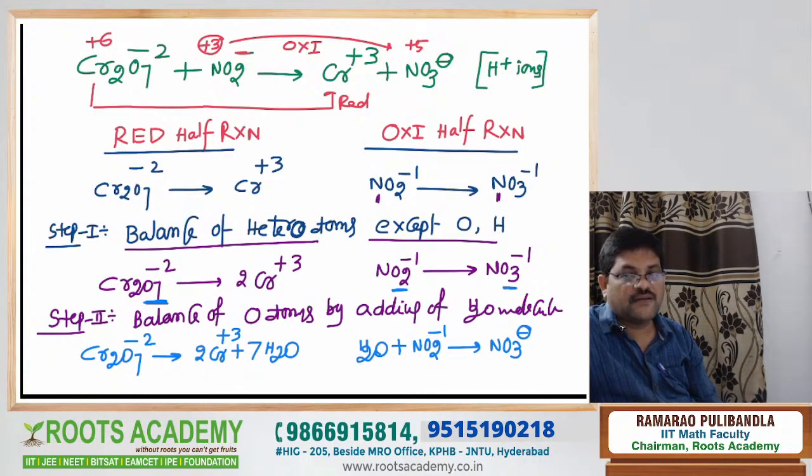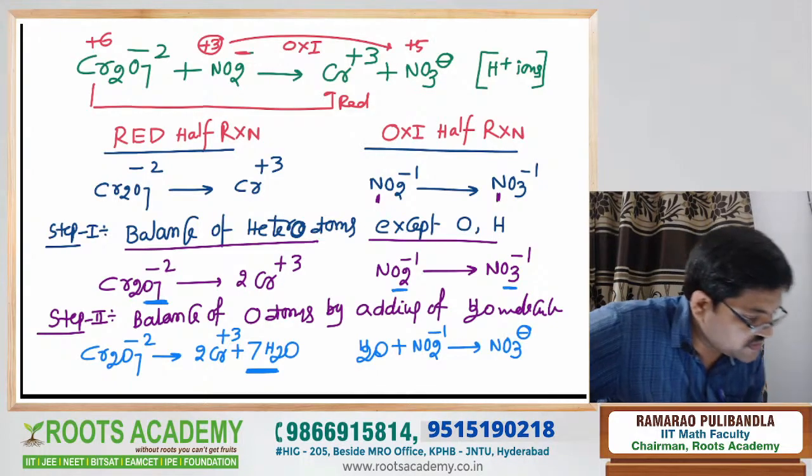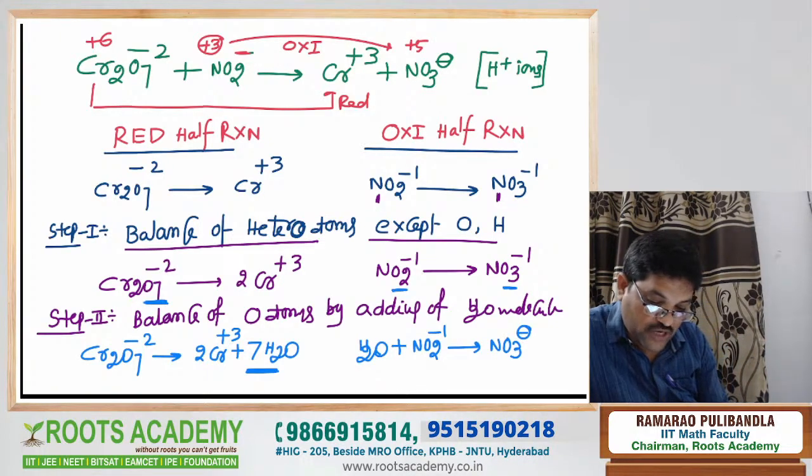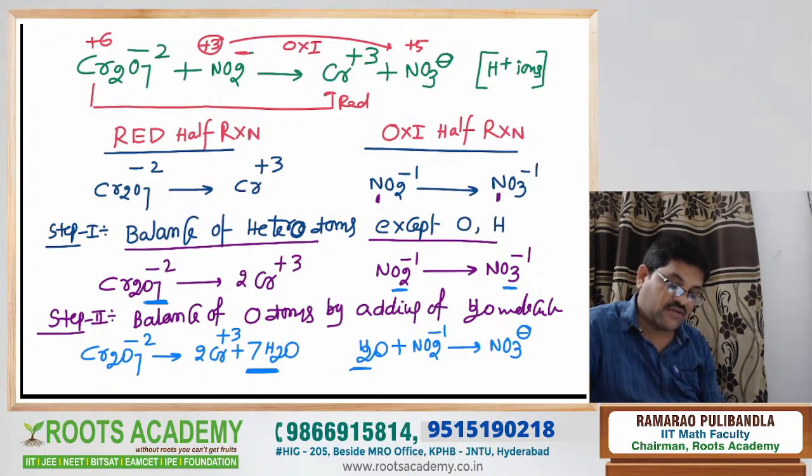Understood this point, Nana? Next, balancing of the hydrogens by adding H+ ions. Here, 7 H2O are 14 hydrogens. Here, how many hydrogens are there? Here, 2 hydrogens are there. Now balancing of the hydrogens by adding H+ ions. That is step 3.